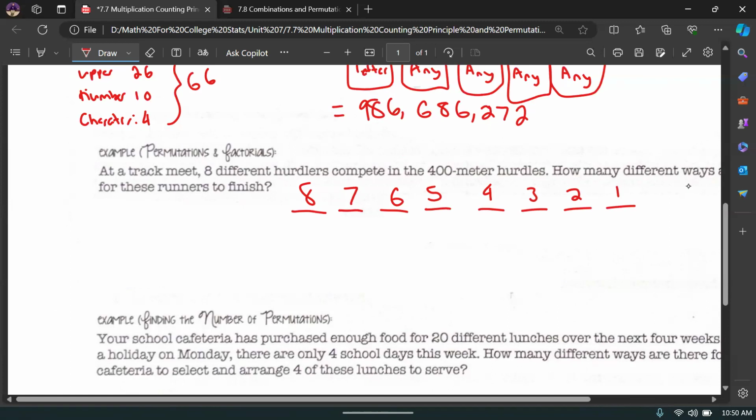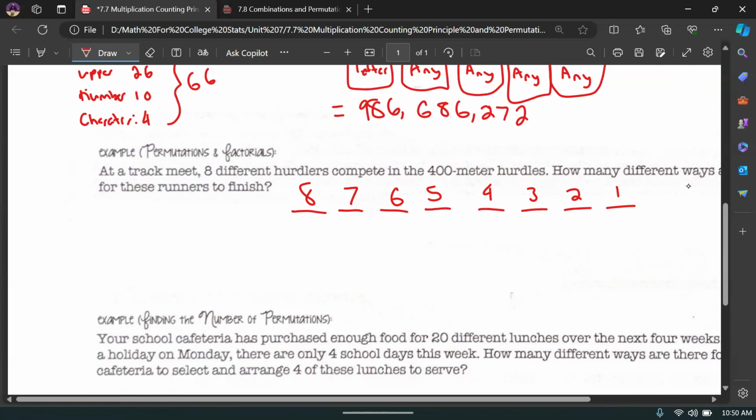It's important to understand that if you've already finished, you can't be finishing second. Some people might think it's 8 every time, but it's not, because once someone finishes, it doesn't matter who it is, there are 7 other people that could finish second, and so on down the line.